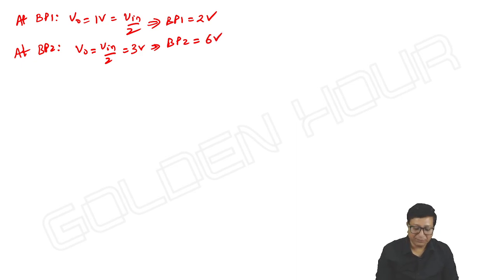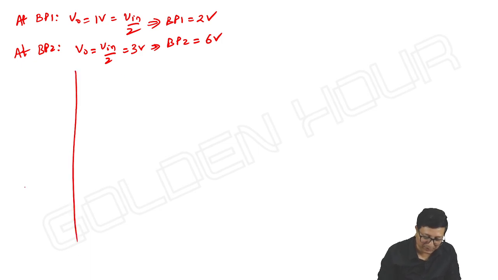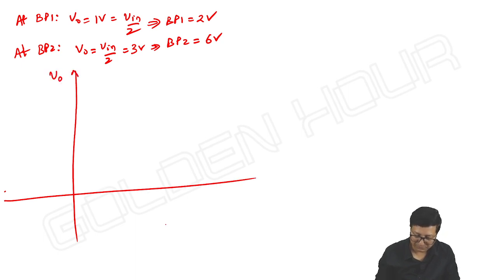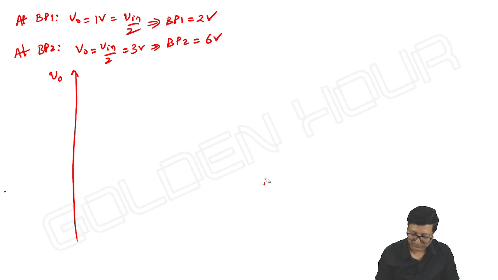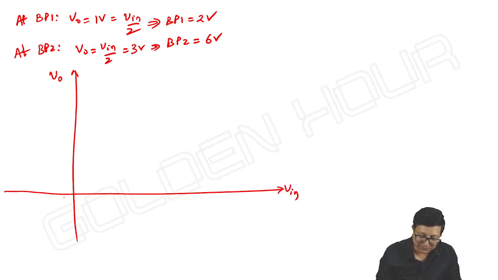Okay. So if you draw the transfer characteristics of this particular case, output is equal to 1 volt. Output is equal to input by 2. Slope is coming down here.